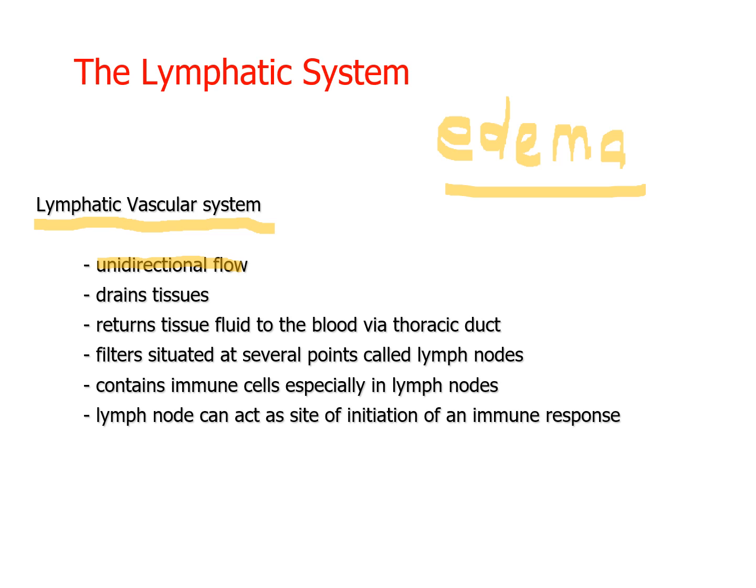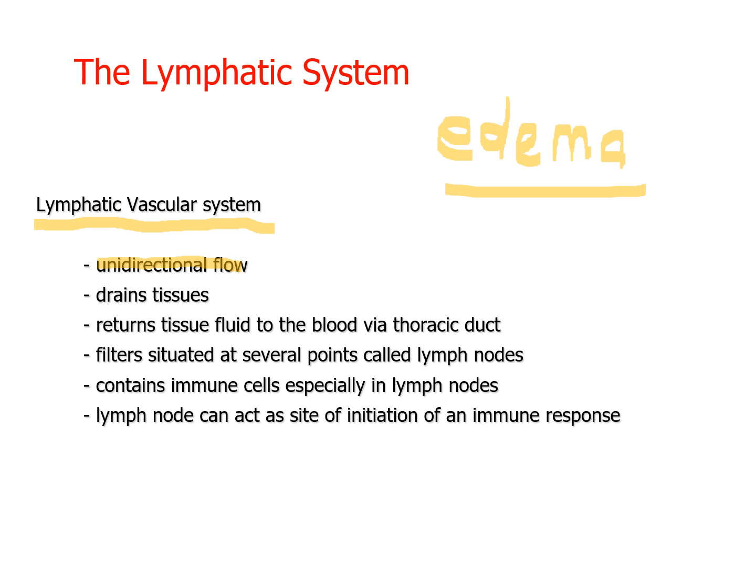Along the way, there are lymph nodes positioned all along the lymphatic vessels, and these are small encapsulated lymphoid organs that contain all of the immune cells needed for an appropriate immune response. In this way, you should realize that the tissues of the body are constantly being flushed, essentially.